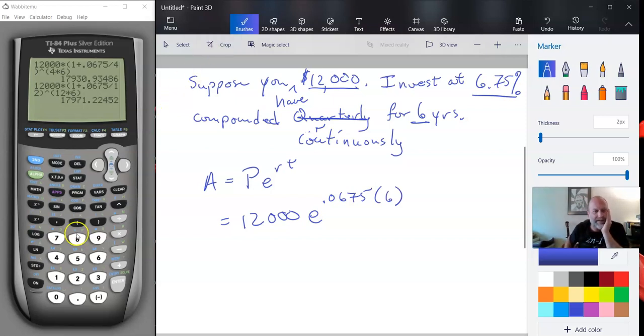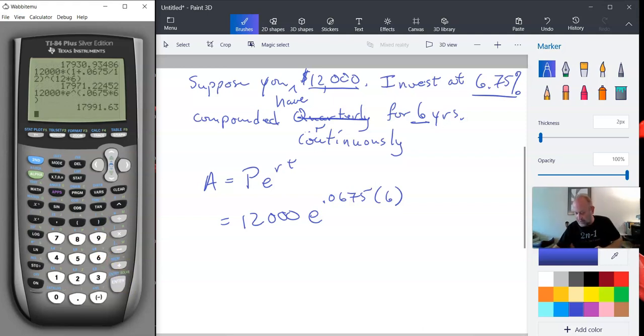So if we're going to plug that in, I get 12,000 times, and I need my e to the x here, and I'm going to type in 0.0675 times 6, and then close my parentheses. And boom. And you notice we made it just a little bit more this time. It's still shy of 18,000, but it's closing in on it.